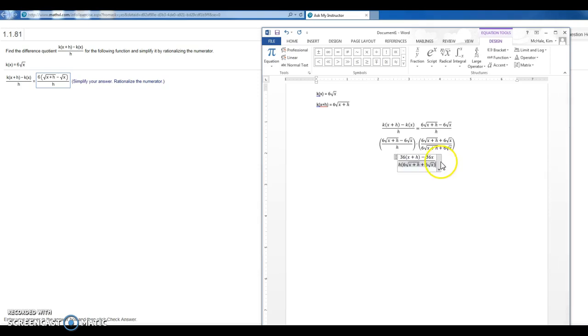There we go. All right, now I can simplify that numerator a little bit. I can distribute that 36. So I'm going to get 36x plus 36h minus 36x, which is just going to leave me with 36h on top.